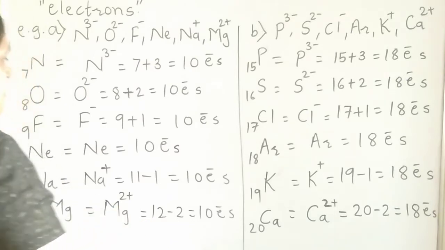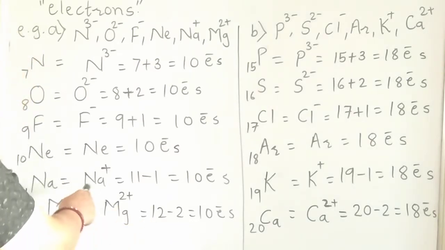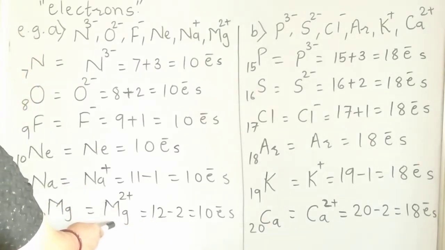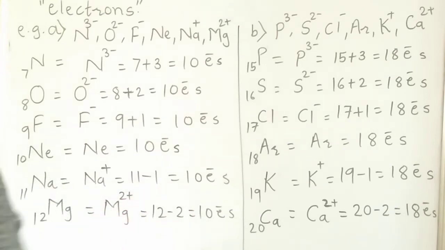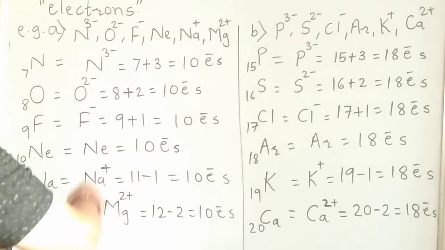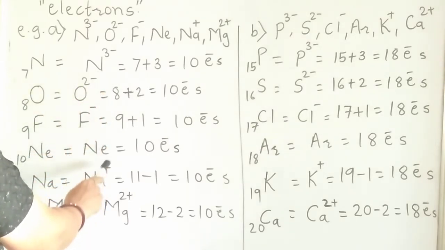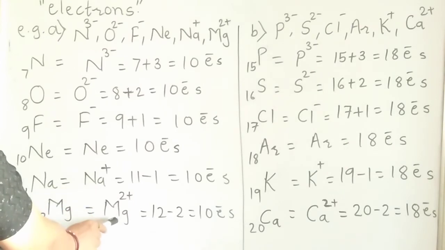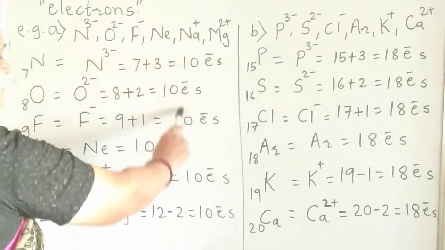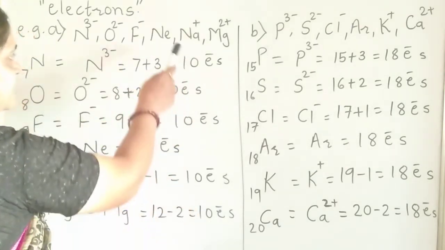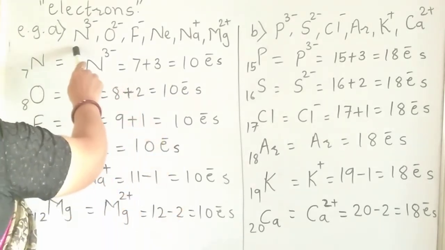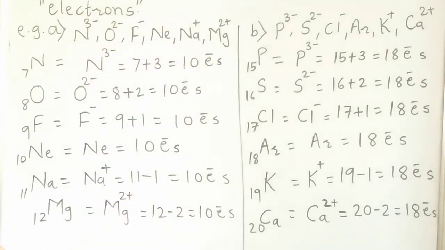That way the positive ions of sodium and magnesium also have 10 electrons. So ultimately the nitride ion, oxide anion, fluoride anion, neon, sodium ion and magnesium ion all contain 10 electrons. It is the same number, so they are all isoelectronic species.